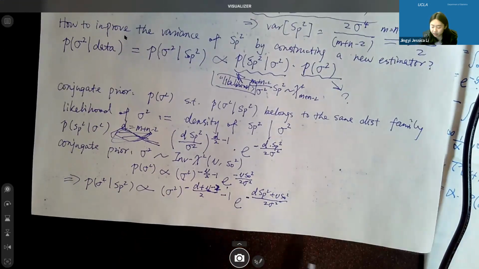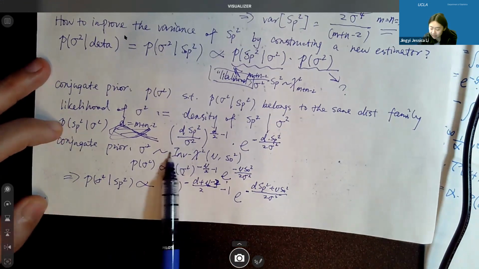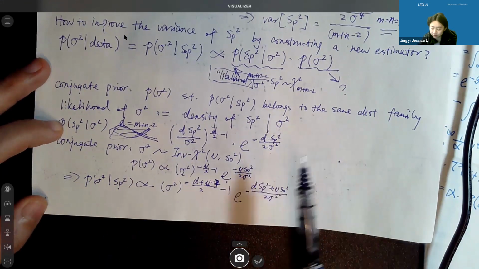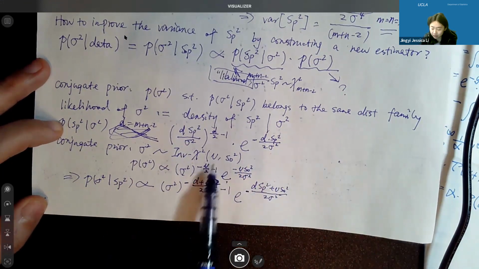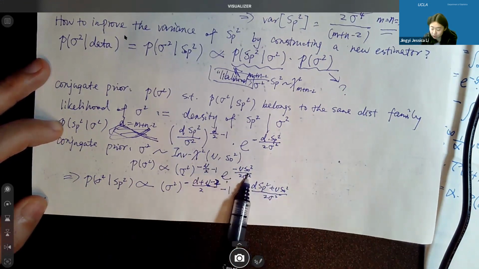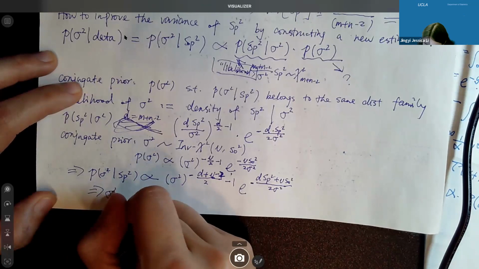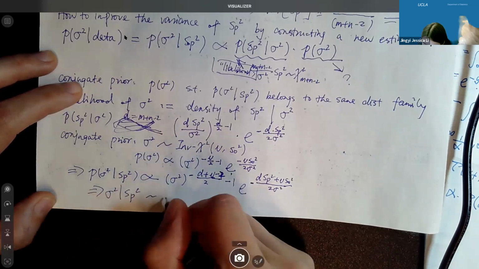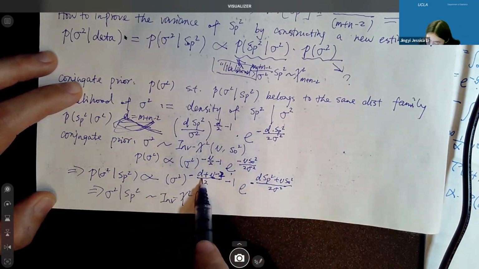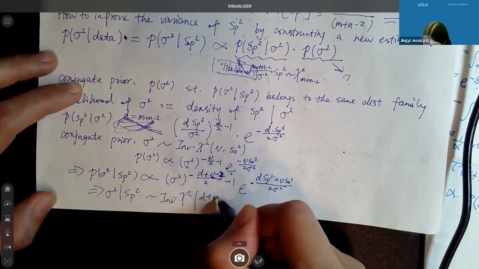Now we need to recognize what the posterior distribution is. Seeing the density and its relation to the parameterization of inverse chi-square, the first parameter v goes here and the second parameter s0 squared goes here. Correspondingly, based on this parameterization, the new v for the first parameter should be d plus v minus 2.